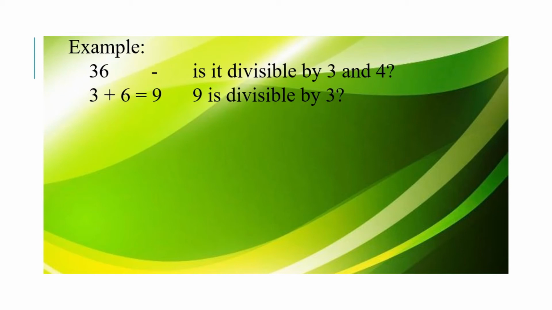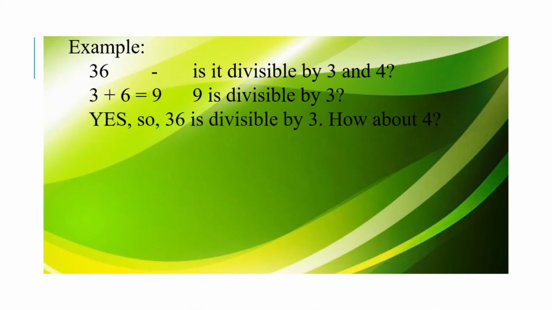How will you do it? Very good. You will add all the digits. 36. So, 3 plus 6 equals 9. Very good. And 9 is divisible by 3. Yes, it is divisible by 3. So, 36 is divisible by 3.